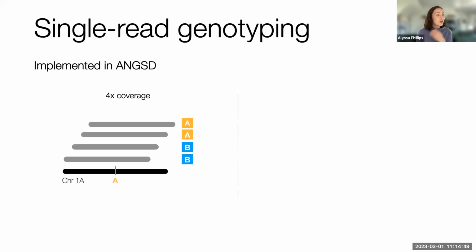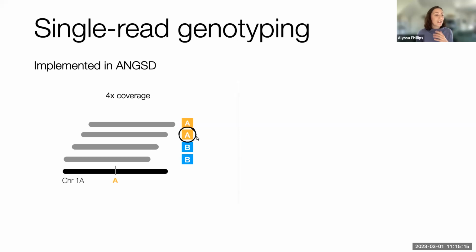polyploidy. So imagine you have a chromosome and you have a SNP where the reference allele is A, and you have 4 reads that are aligned to that position, 2 of which are A and 2 are B. If we called a normal genotype in a diploid, it'd probably be AB. In a tetraploid, it might be some kind of heterozygous genotype. We have pretty low coverage, so it'd be difficult to resolve.